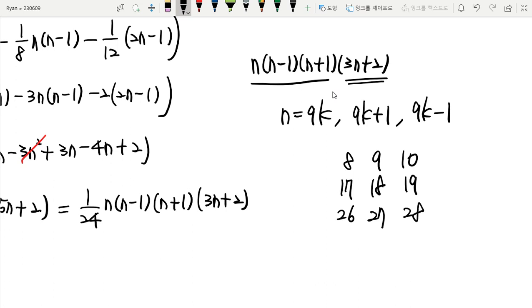And what will be the 10th value? When k is 4? 35, right? We are looking at this one. So the 10th value will be 35. So these are the 10 least values.